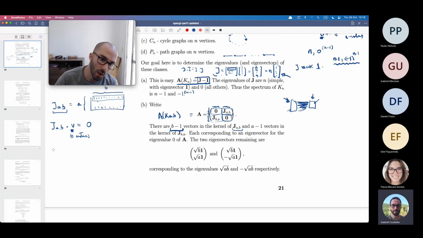If I multiply J_BA by this guy, I also get 0. So there are B minus 1 linearly independent such vectors. And here there are A minus 1 linearly independent such vectors.